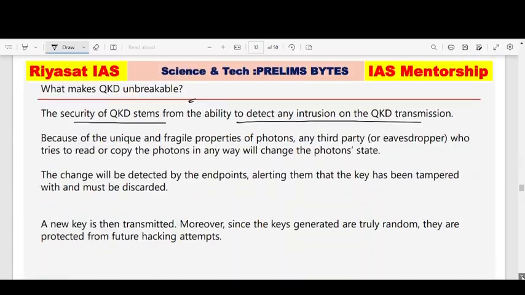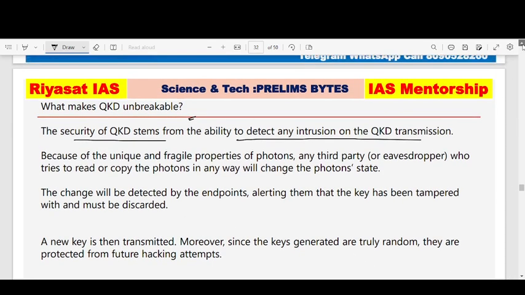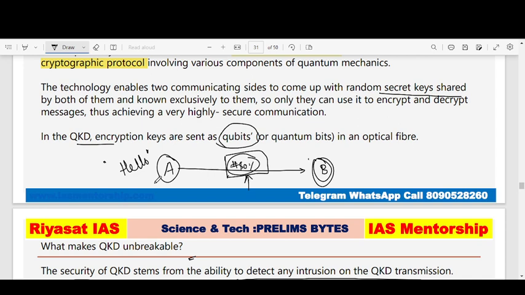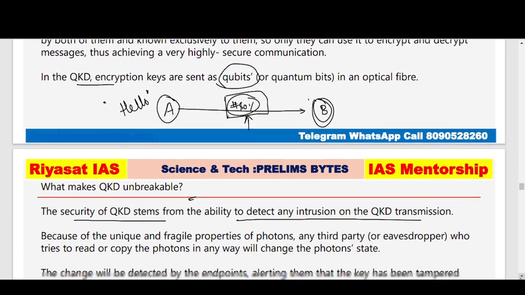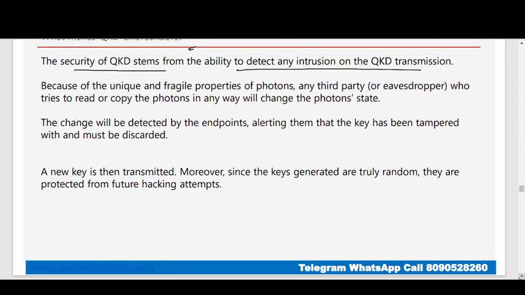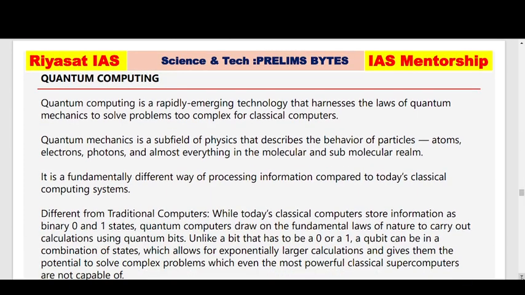Everything is written here, the whole process, which I have explained to you: when one person or entity wants to send a message, the message is encoded, and the key is only with A and B. It is a solid protection for communication.